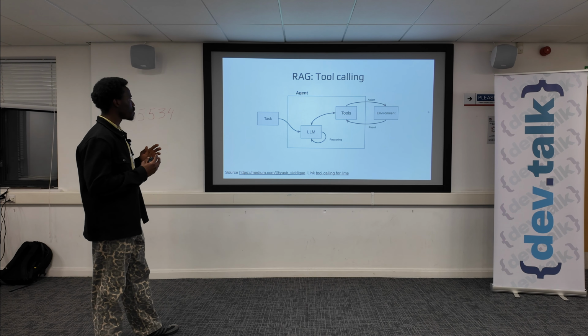Aside from the agentic behavior, we need things like RAG, because most LLMs are trained on huge amounts of data, and they are not aware of any new information that's out there. So with that agentic behavior, we are able to give them tools which they can use to interact with an environment.